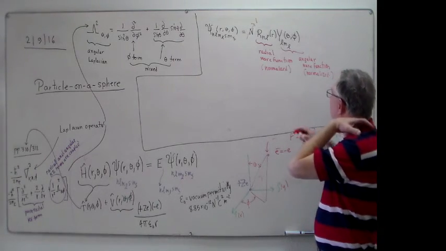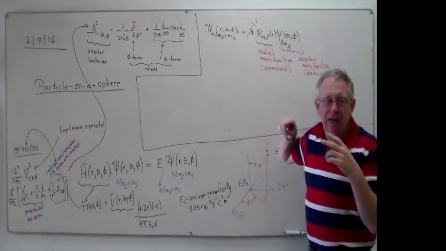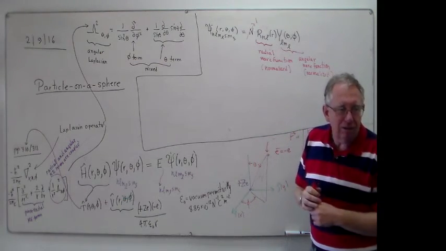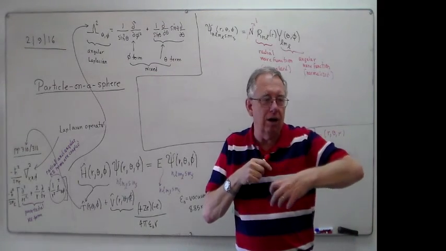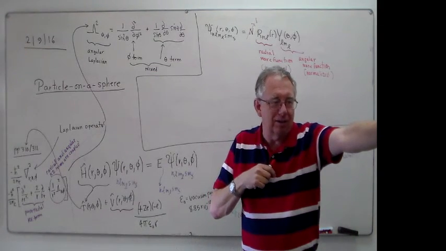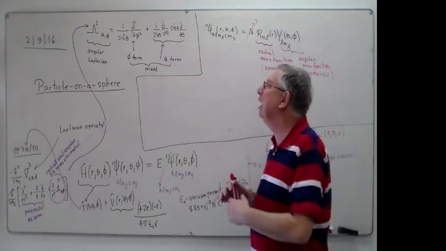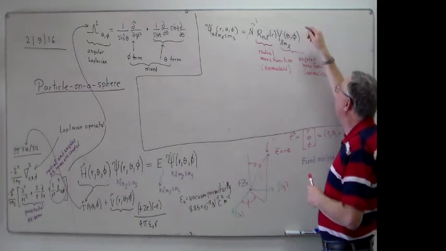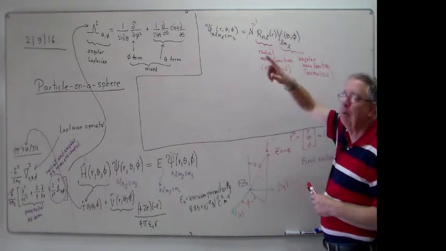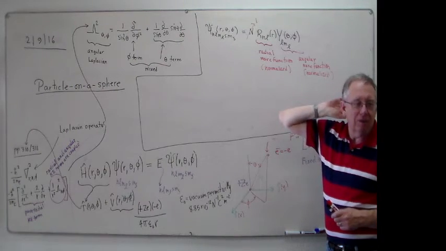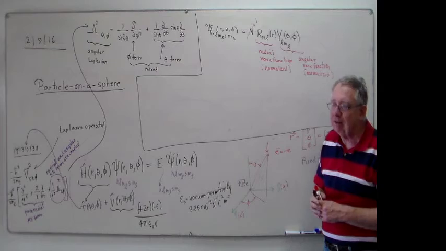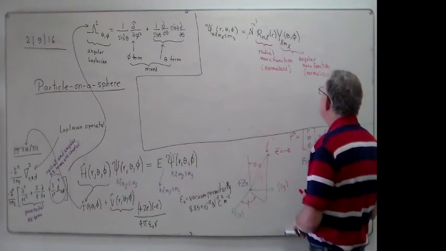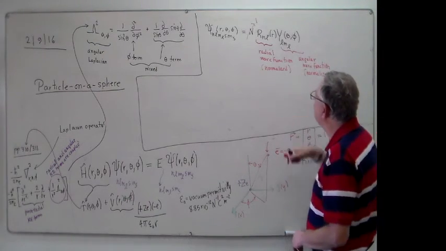Radial normalization, integrating over r, basically says somewhere between r equals 0 and infinity, I'll find the particle. And the angular normalization says somewhere between theta equals 0 and pi, and phi equals 0 and 2 pi, we'll find the particle. So we do that separately. We get an angular and a radial wave function.